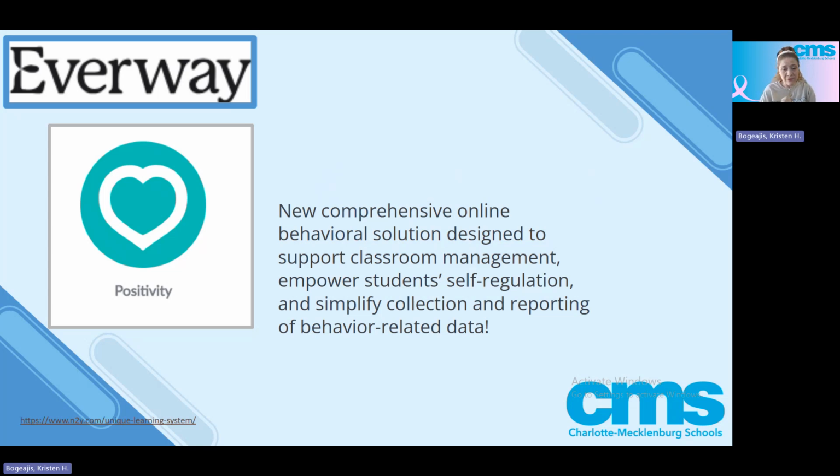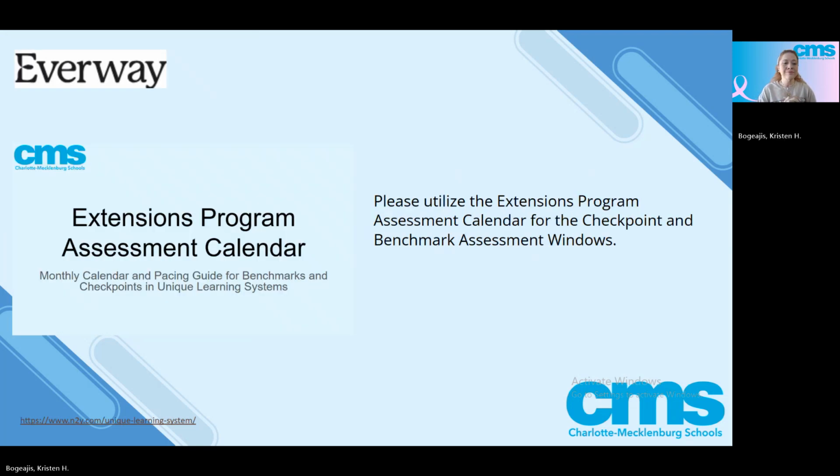If the behavior goals and interventions are unsuccessful, we're going to go into an FBA and we are going to be asking you to log this in Positivity. Positivity is a great data collection tool that is going to be perfect for reporting, especially when it comes to those FBAs and BIPs. So really, if you have behaviors in your classroom, maladaptive behaviors, please take a look at Positivity and get familiar with it and take the Positivity training that we're going to be offering.